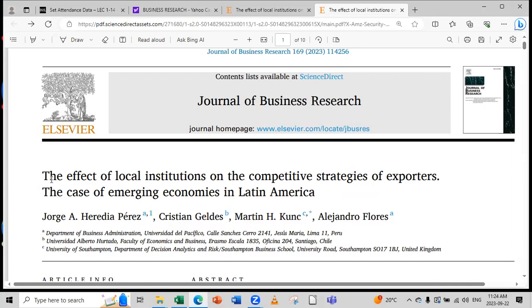The effect of local institutions on the competitive strategies of exporters, where he applied the case of emerging economies in Latin America. So the first thing is writing the label or the title of this research.